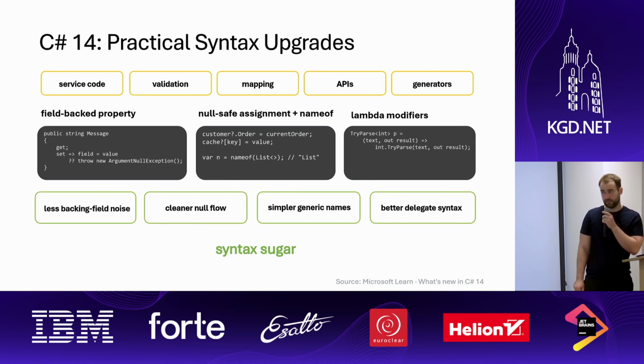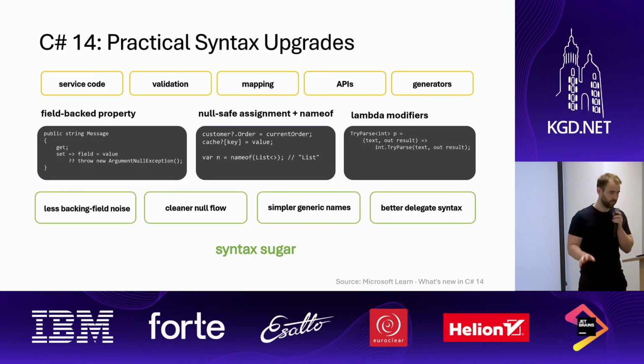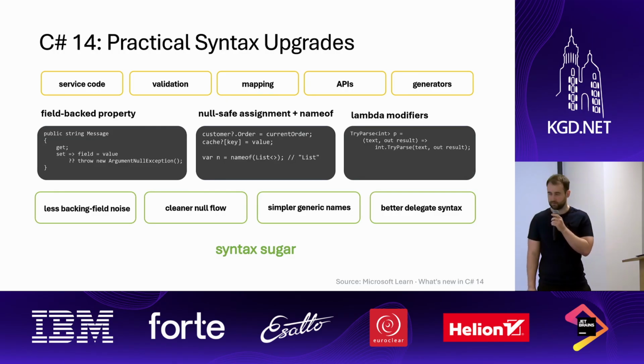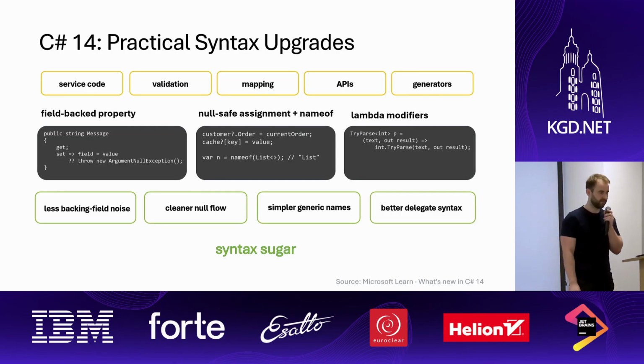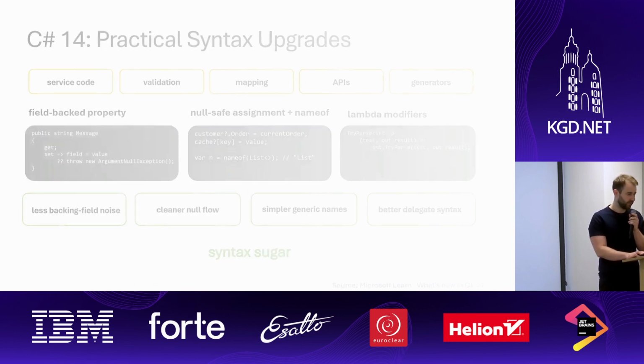And now we are free to use nameof over the generics. Yeah, lambda modifiers. So in lambda, we now can have out parameters. So in TryParse style patterns, they became clear. Again, it's good. No dramatic changes. Use when you want, right?